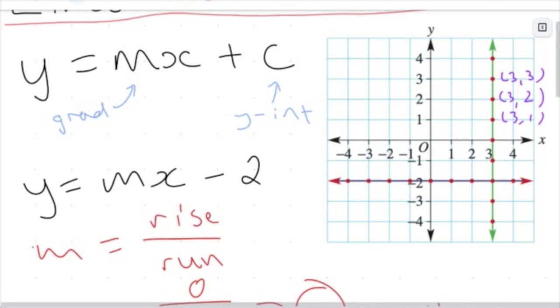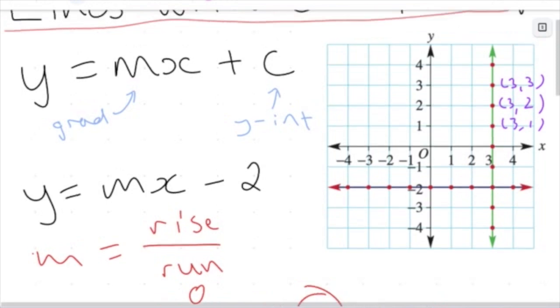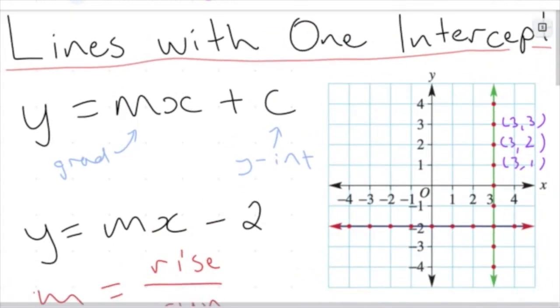So this is what we mean when we look at these lines with one intercept. It's this idea that there's no x and y intercept. There is only, for example, this line, it just has an x intercept. And this line only has a y-intercept.